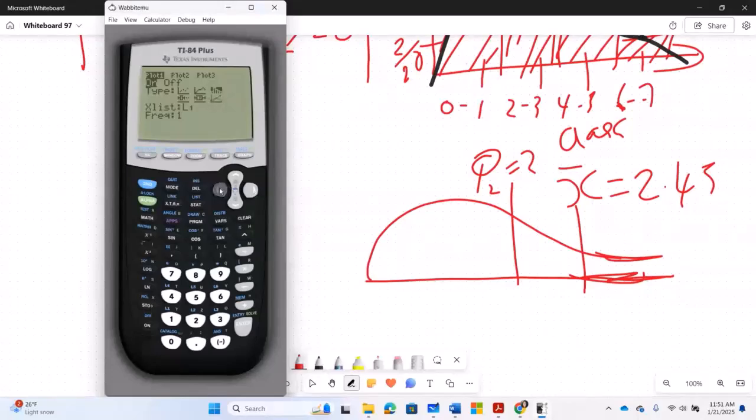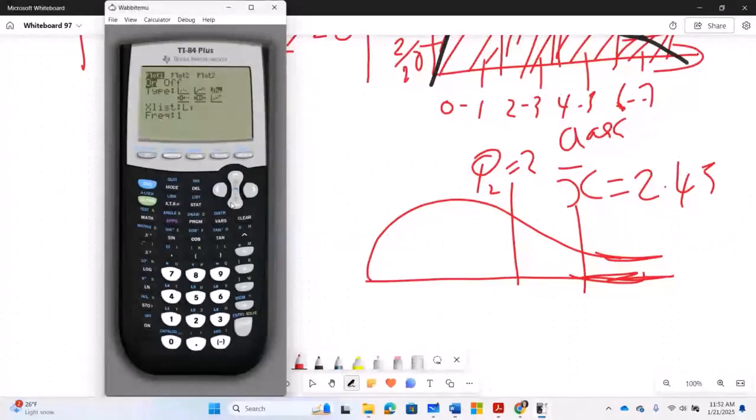But anyway, now we're going back to histogram because that's all we need. We select histogram if it's not selected. And my calculator is asking me, where is the data you want to draw a histogram of? I want to draw a histogram of the data in L1.